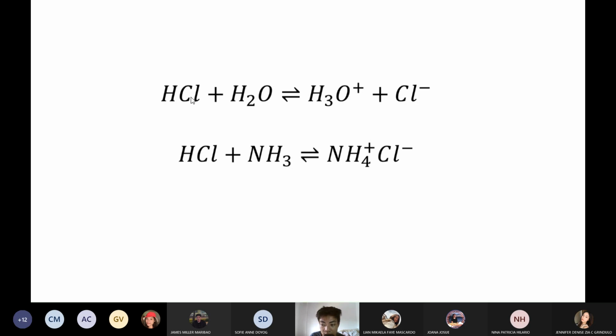So that means it is the Bronsted-Lowry acid. Okay, so Bronsted-Lowry acid yan because it lost a proton pagdating sa product side. Okay, nawalan siya ng H. So Bronsted-Lowry acid yan. That means water is the Bronsted-Lowry base.